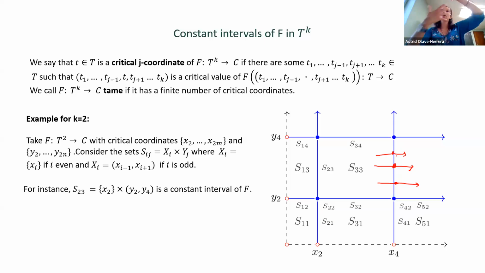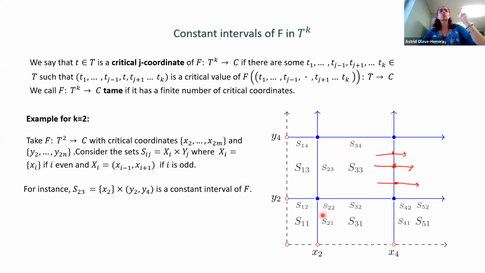So now we can split our plane, and you can think again in k dimensions, our k-dimensional space, into these cubes that I'm going to call S. So let's go back to the highlighter. Nope, the laser pointer. These S_ij are going to be products of intervals that are either the critical coordinates or the open intervals between the critical coordinates.